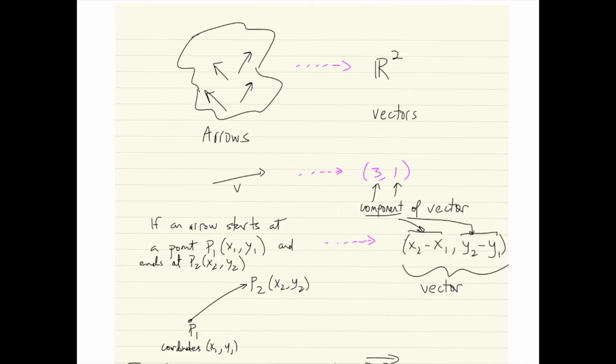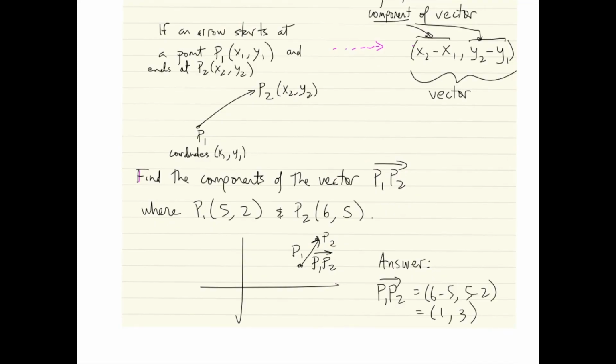So this is the correspondence between arrows that are kind of all over the place and points in R2. They correspond to vectors that start at the origin and end at the point that they've been identified with in R2. Okay, here's a simple example.